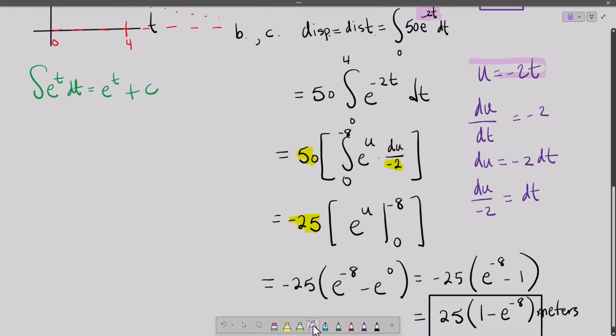This is a linear function, right? Negative 2t is linear. The power is 1. Whenever we have a linear substitution, instead of doing the substitution, there is a shortcut because notice, the only thing we did was divide by that coefficient, negative 2. And we got to here.